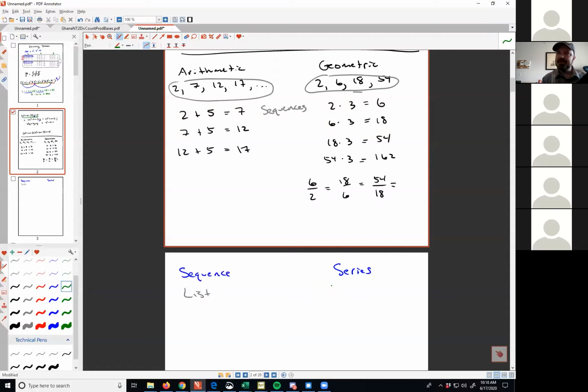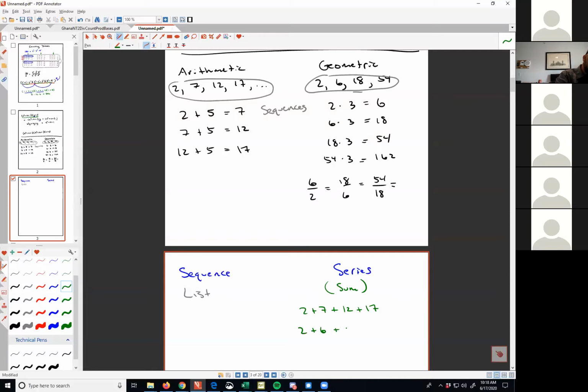But what separates a series is that it is a sum of the terms in a sequence. That would be a series. Or that would be a series.